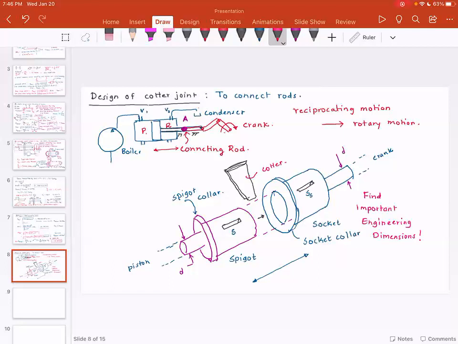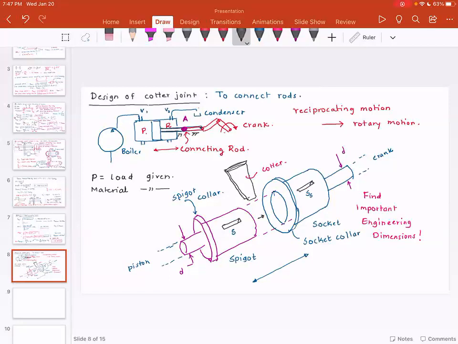Whenever we design the cotter joint, here is the information that is given to us. They will give you the load that is to be transmitted, so the value of load will be given. Then the material will be given.